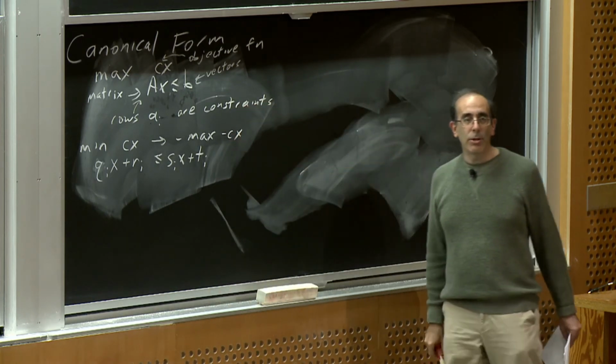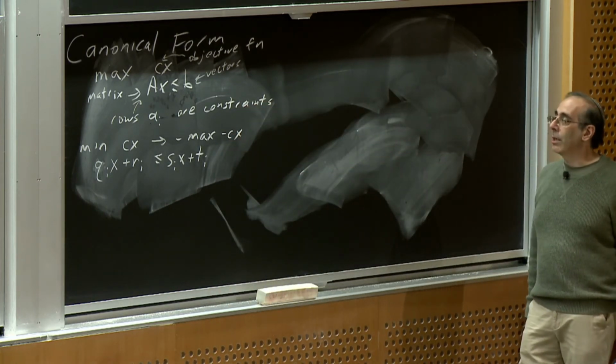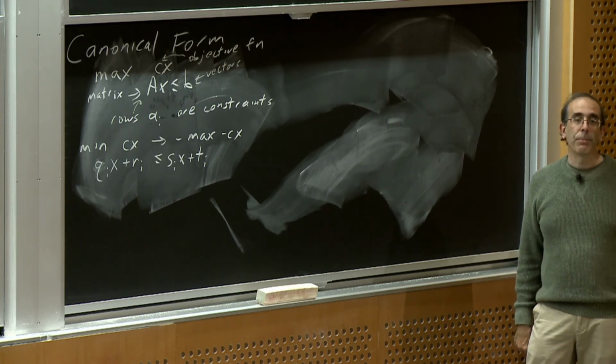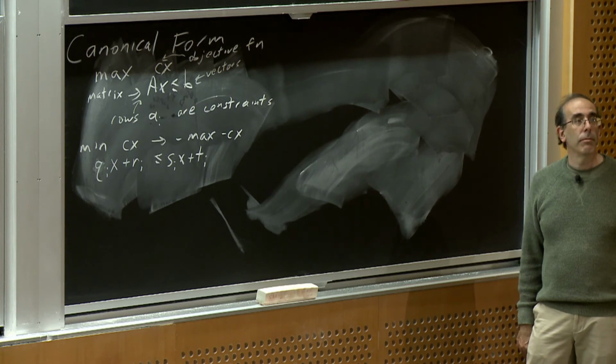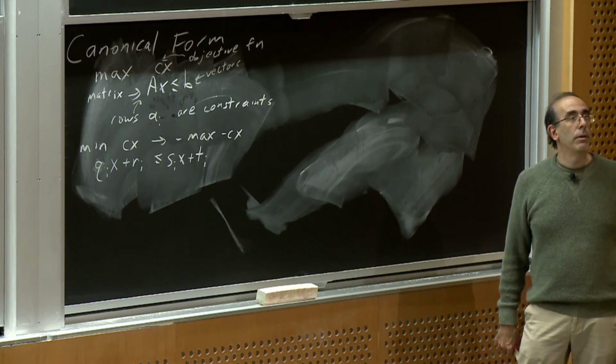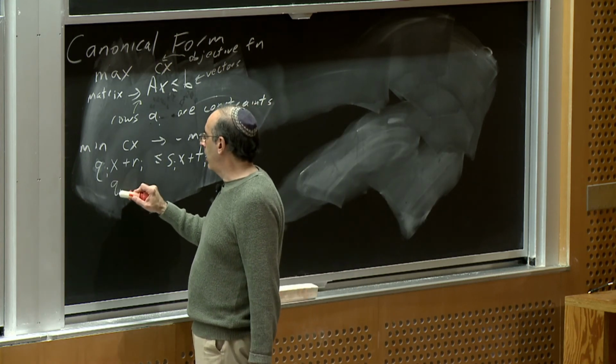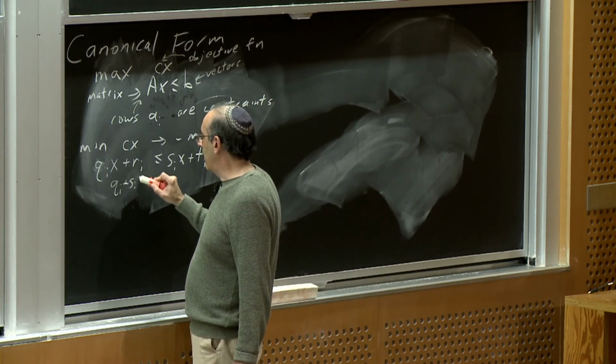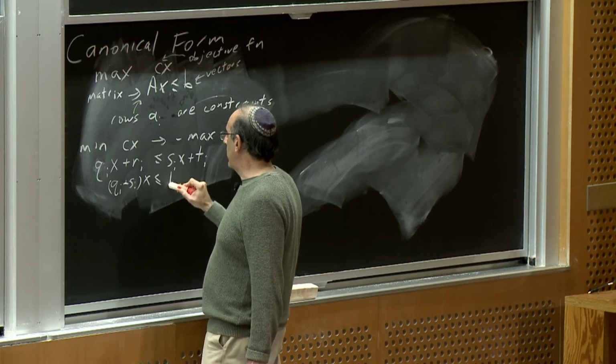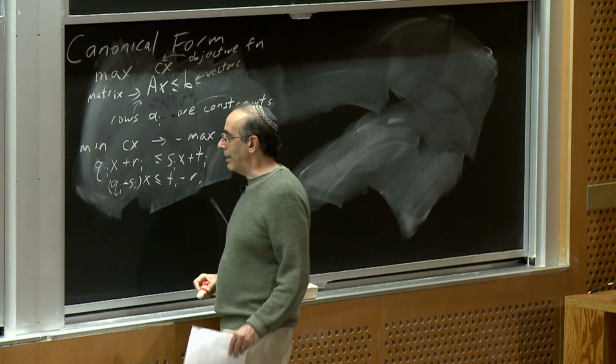So that's an arbitrary linear constraint which does not look like the constraints of the canonical form. What should we do? Yeah, we just move things around, right? So we just say that (q_i minus s_i) times x is less than or equal to t_i minus r_i, and so that's fine.